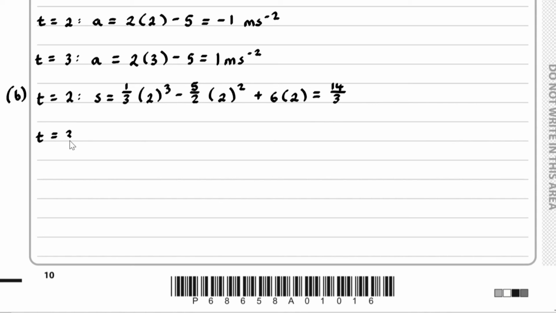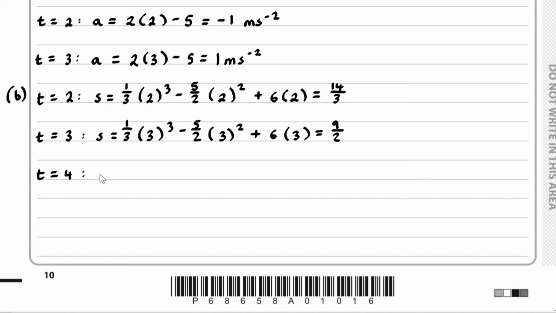And when t equals 3, s is equal to 1/3 multiplied by 3 cubed minus 5 over 2 times 3 squared plus 6 multiplied by 3. And it turns out I get 9 over 2. Now let's see what happens when t equals 4.